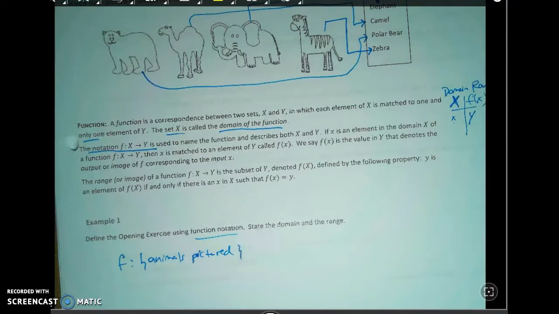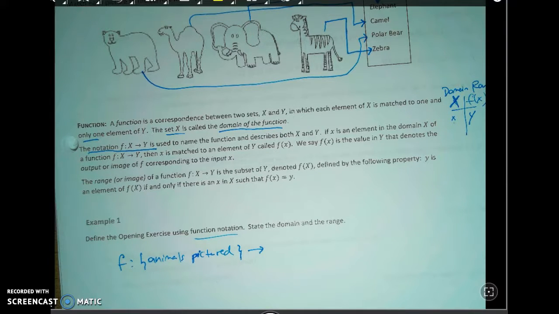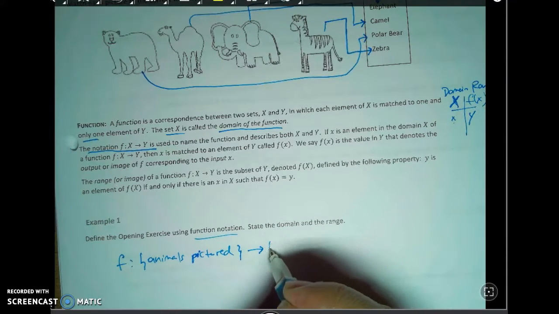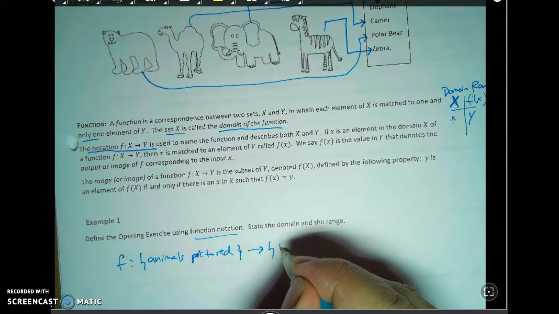Okay, and then we do the arrow for our notation, and we have to define the second set, or the y, which are the words listed up there. So words listed.